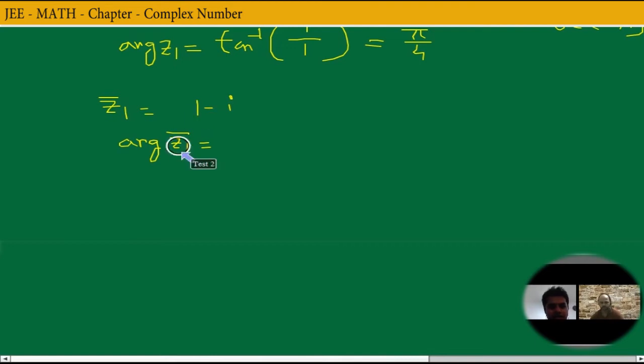This one. It will be tan inverse of negative 1 by 1. Okay, so tan inverse negative 1 by 1 equals what? Negative pi by 4. Okay, now the question is whether negative pi by 4 will lie in the proper range.